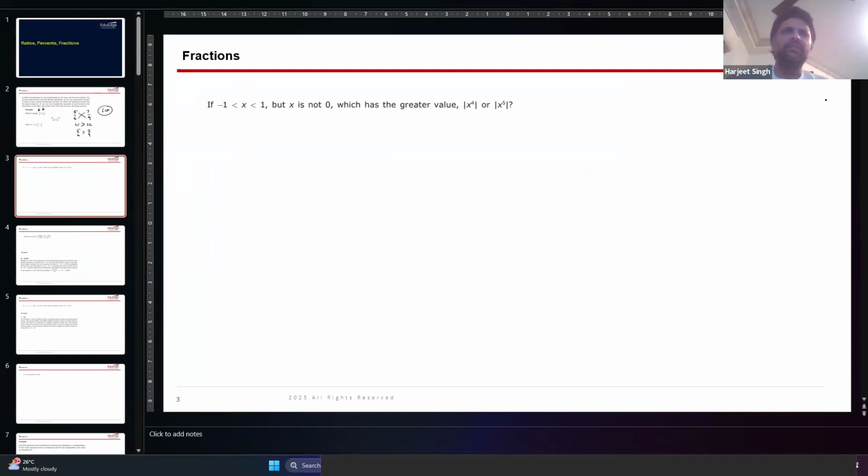All right. So this is a fill in the blank question. If x is between -1 and 1, but x is not 0, which has the greater value: mod of x to the power 4 or x to the power 5?